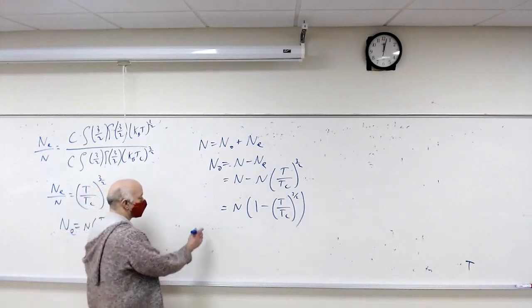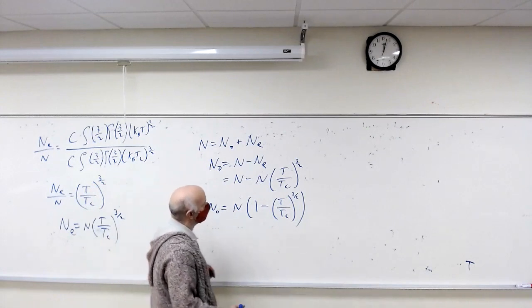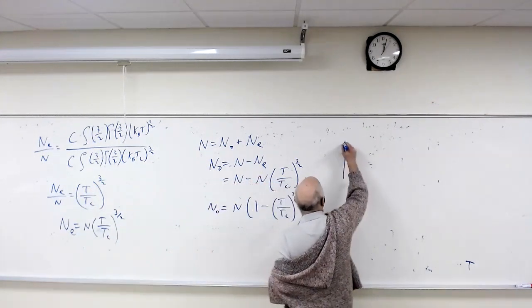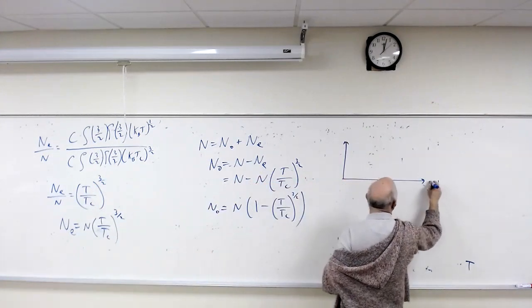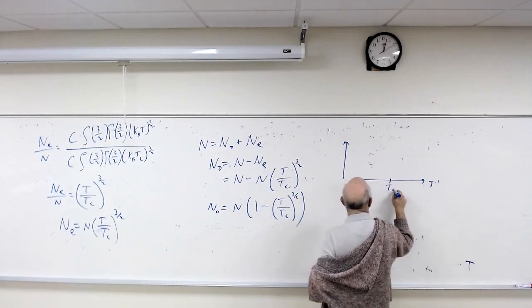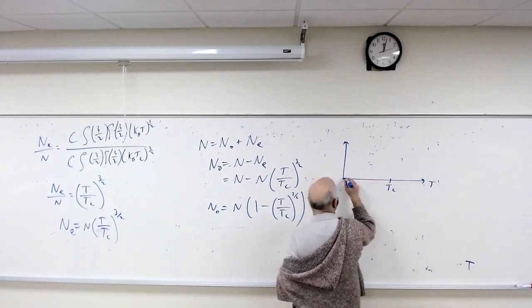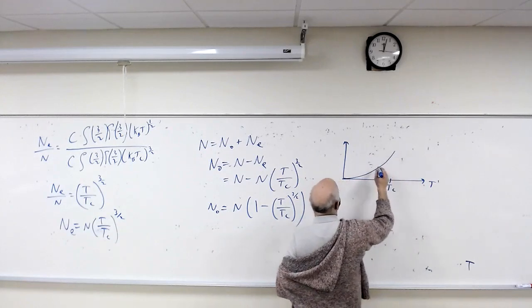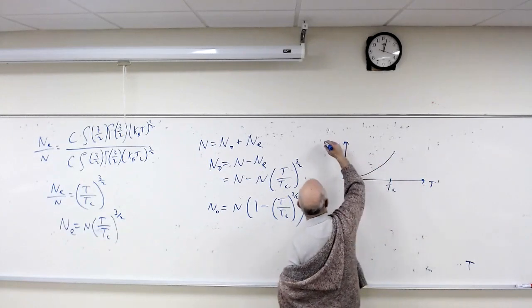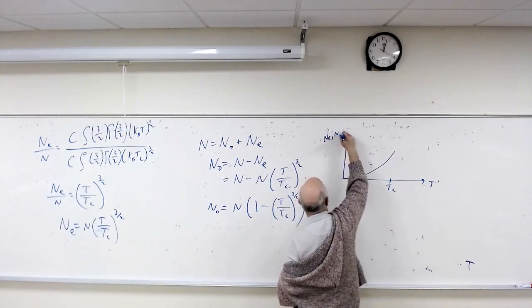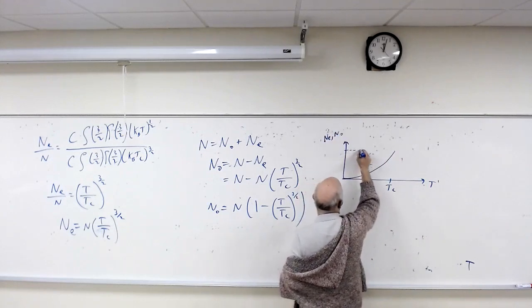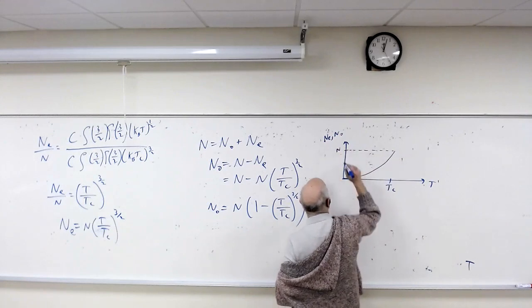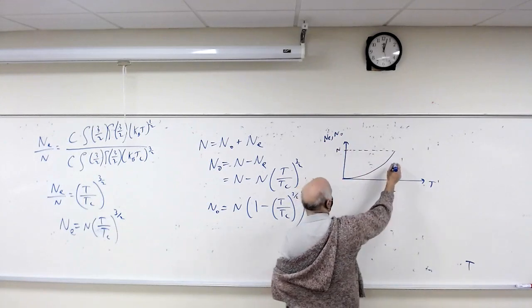Okay. So we should make a graph of these guys. Your number of particles in the excited state looks like this. Okay. And so this is your N_E and N_0. This right here is going to be your N. And this guy is your N_E.